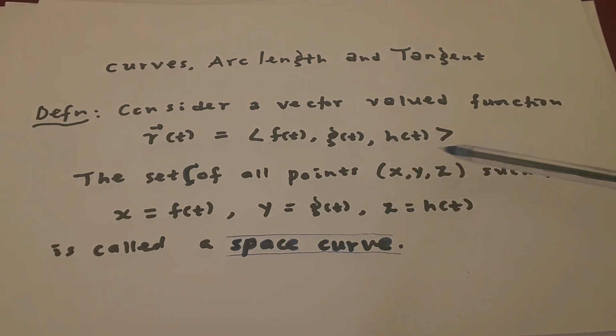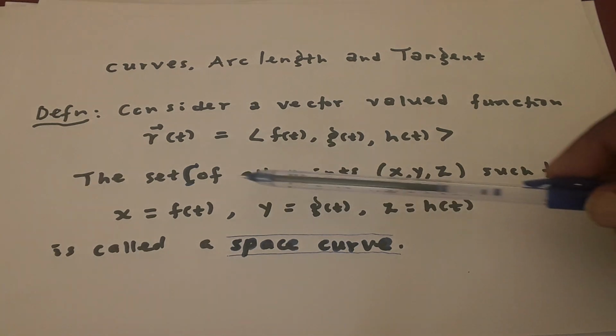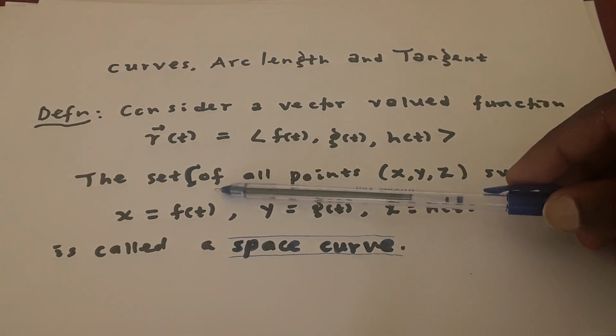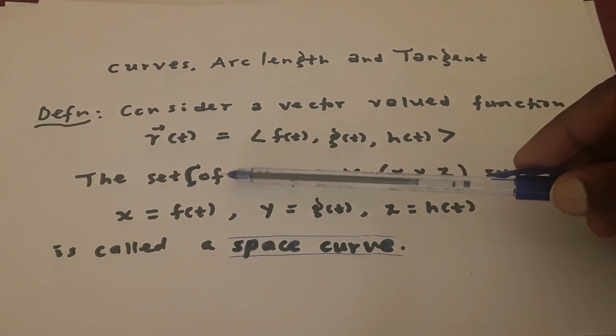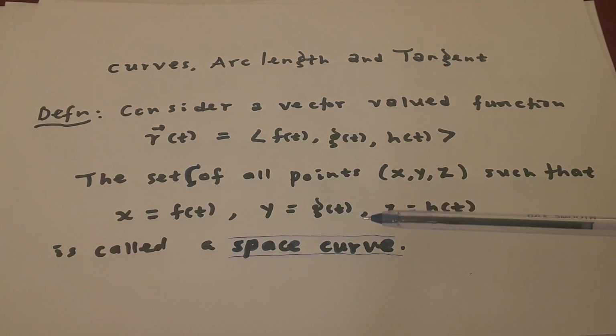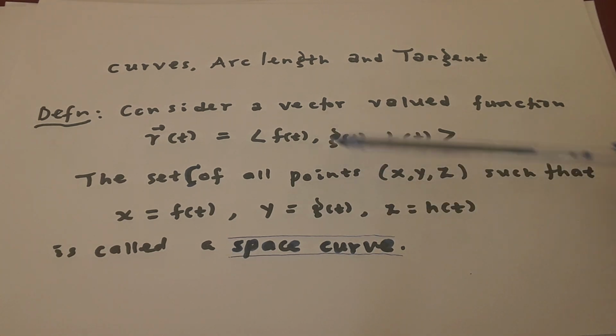Thus, any continuous vector valued function defines a space curve C, which is traced out by the tip of a moving vector ⟨f, g, h⟩.